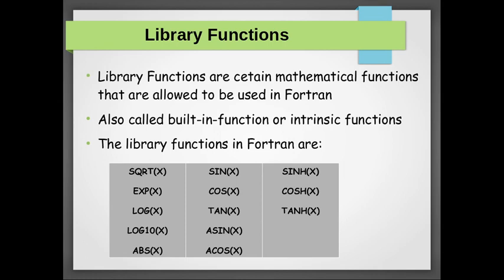Now going into library functions. What are these library functions? These are certain mathematical functions that are allowed to be used in Fortran. These are also called built-in functions or intrinsic functions. So this is the list of library functions that are used in Fortran. One is sqrt(x), where x is the argument, sqrt is the function.